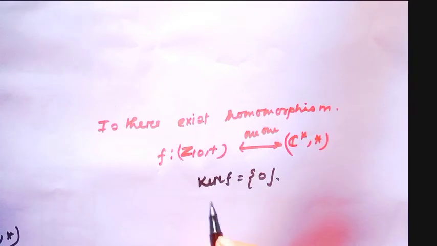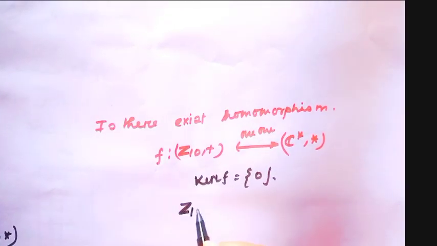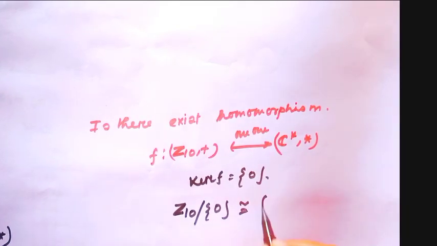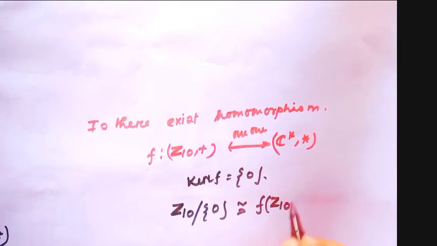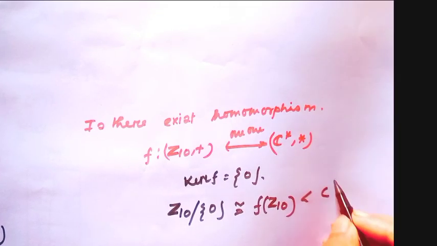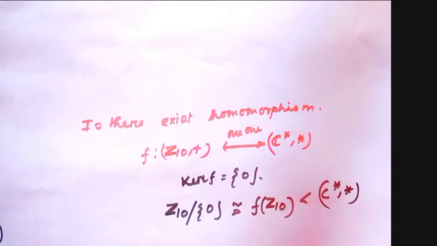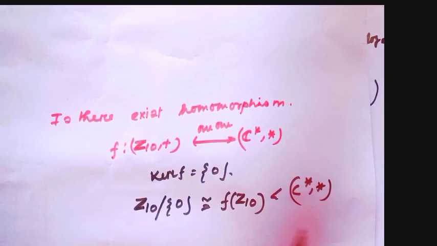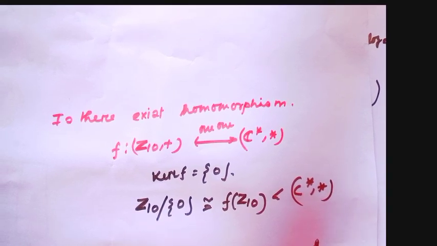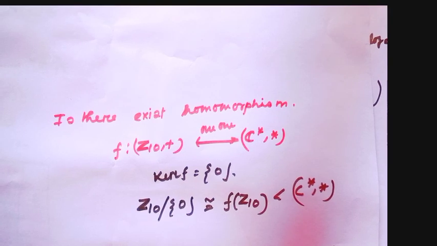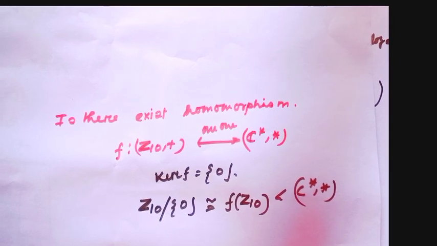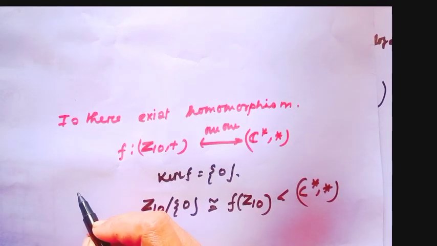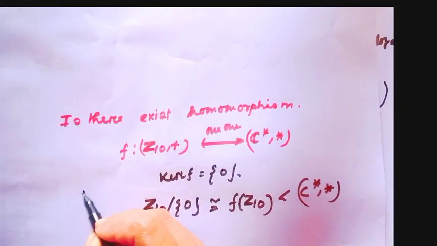Then by the first isomorphism theorem, Z10 mod the singleton set 0 is isomorphic to f(Z10), which is always a subgroup of C star under multiplication. And in C star under multiplication, there always exists a cyclic subgroup of order 10. This is actually the set containing the 10th roots of unity. So this one-one homomorphism is always possible.